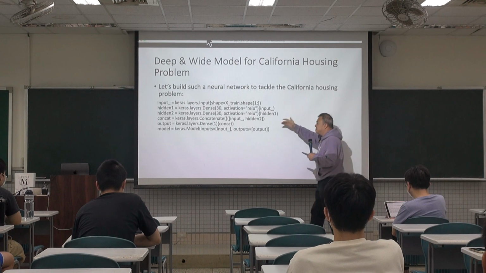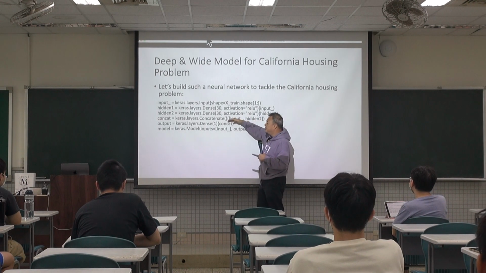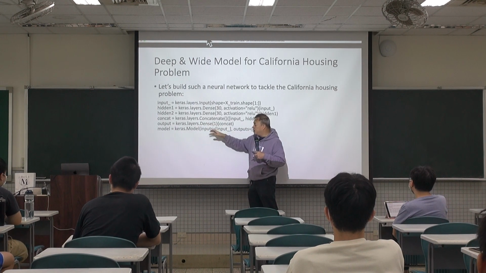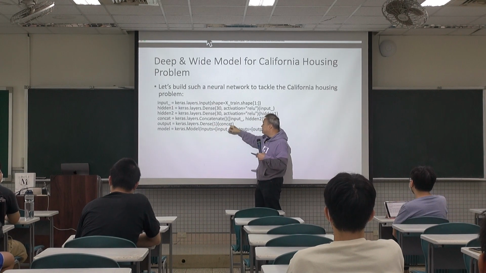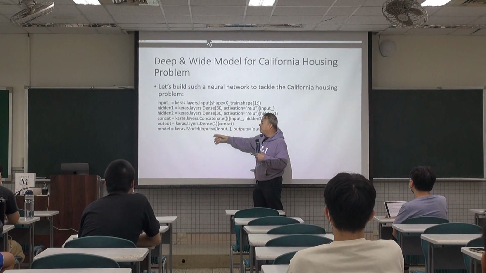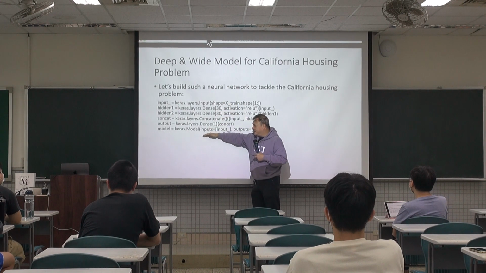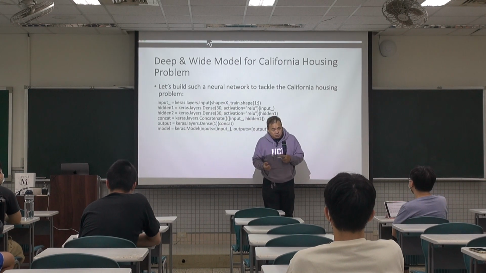The rest is pretty much straightforward. The output is just Keras.layers.Dense with one neuron, because this is a regression task, and the previous layer is the concatenation. Now it is time to create a model.